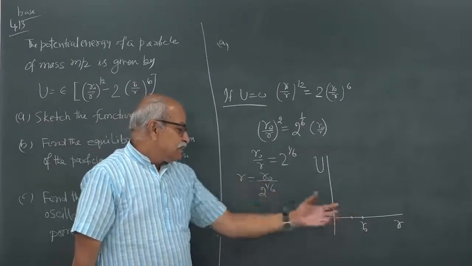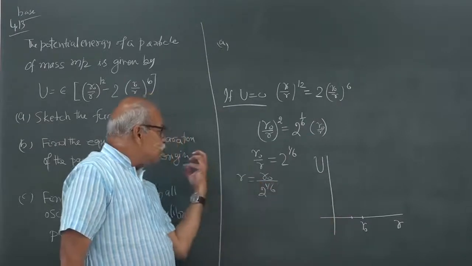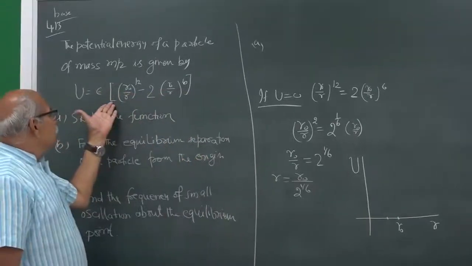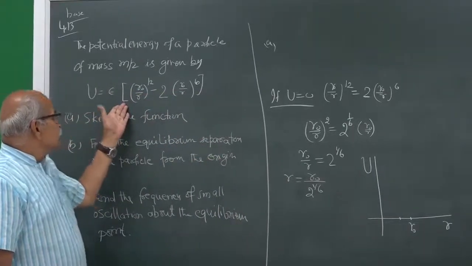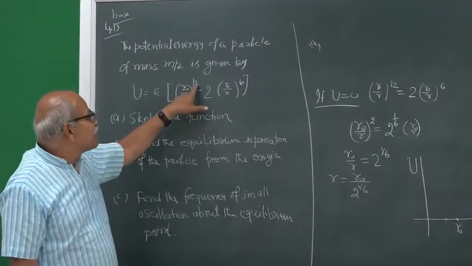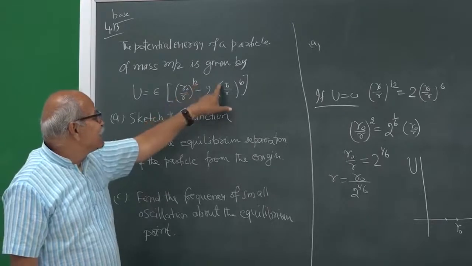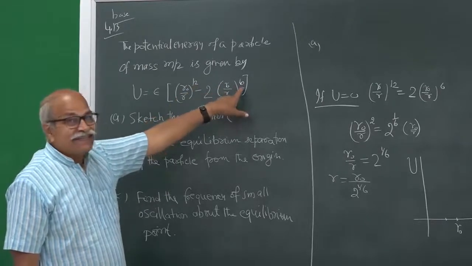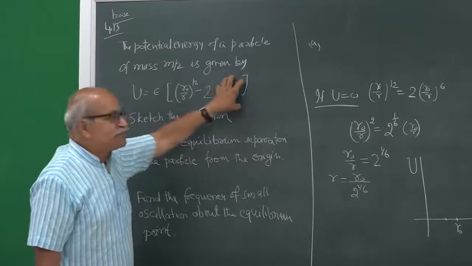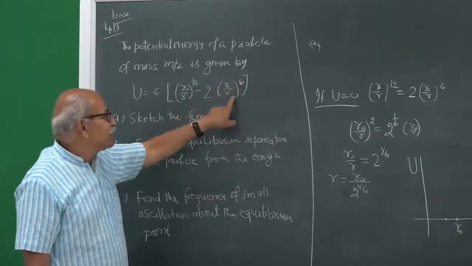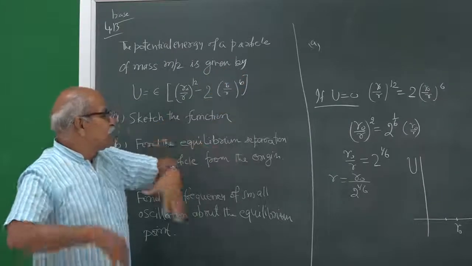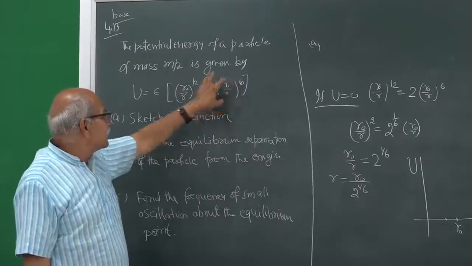Now, what happens if r is very small? You have 1 by r to the power 12, which is very large, and here you have 1 by r to the power 6, which is also very large, but the first is the square of this, so it becomes much larger.